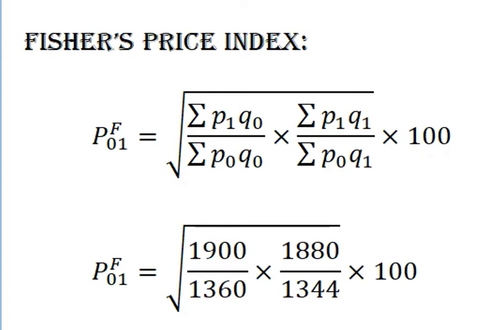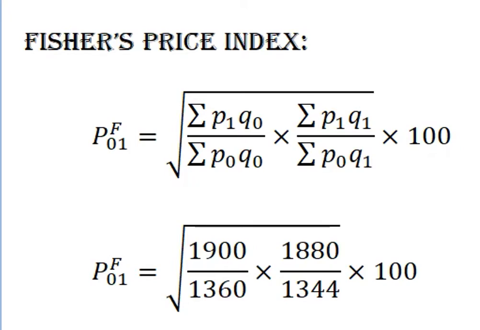Did you understand this step? I will repeat for your clarification. Just multiply 1.3971 into 1.3988. You will get a value, right, which is 1.9543. Then take a square root of that value. You will get 1.398.